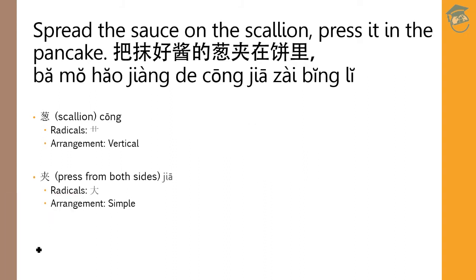Alright, so let's look at the whole sentence. It can be quite difficult because it has involved some interesting arrangement of words. So let's look at 磨好酱. Okay, so 好 has the meaning of finishing something.